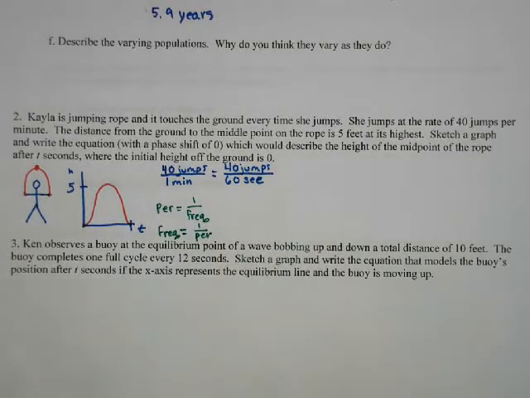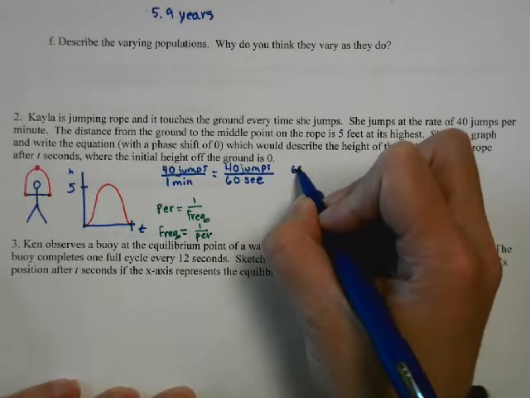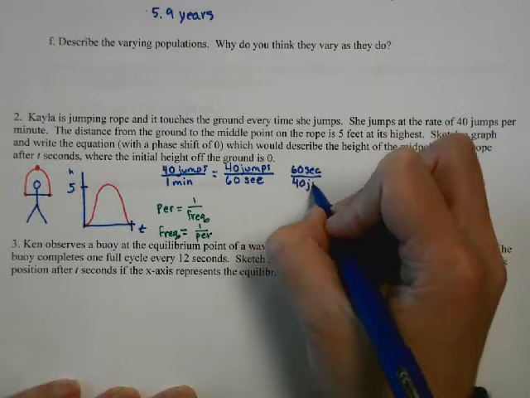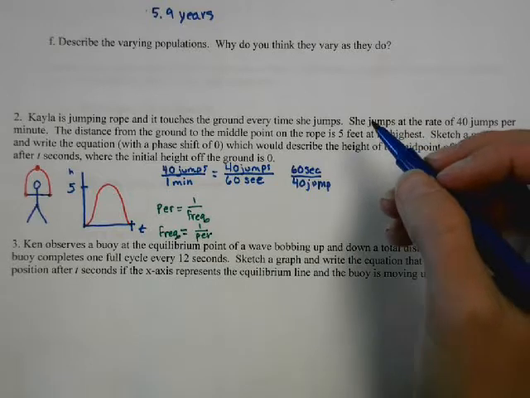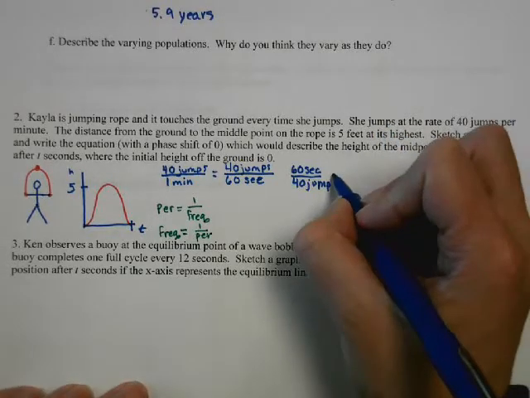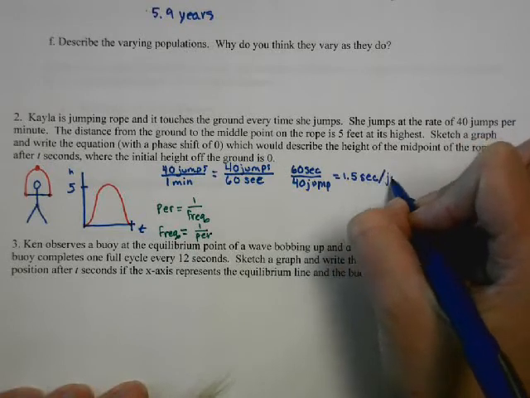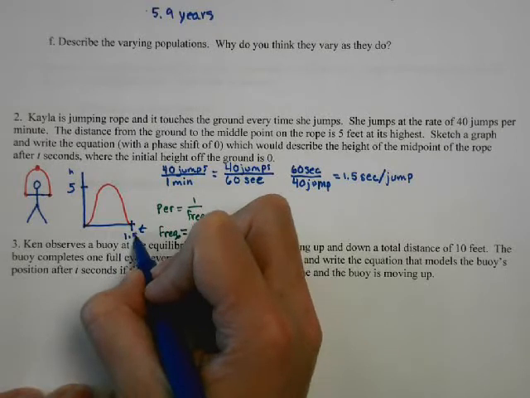It takes 60 seconds to do 40 jumps. Then if we do that division, 60 divided by 40 is 1.5 seconds per jump. So that's going to be 1.5.